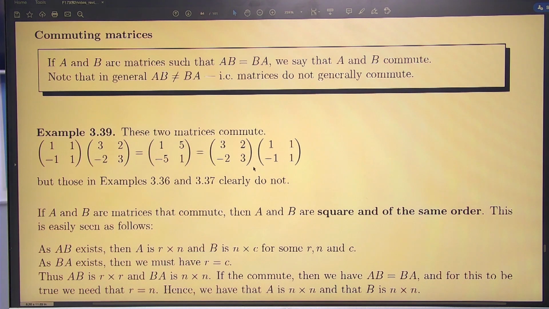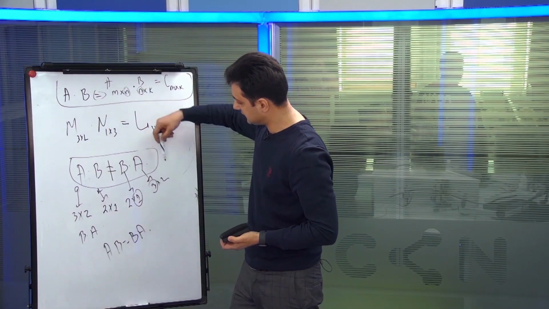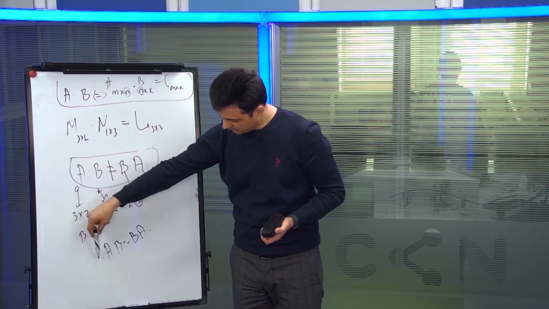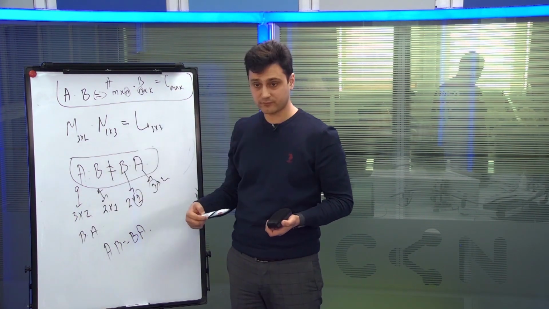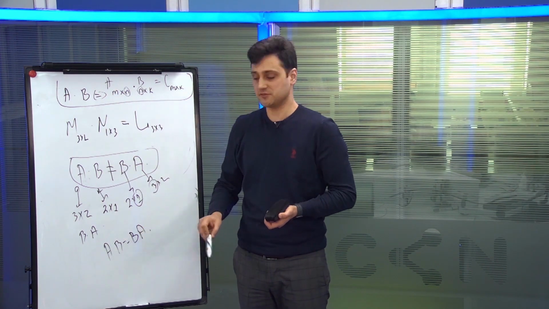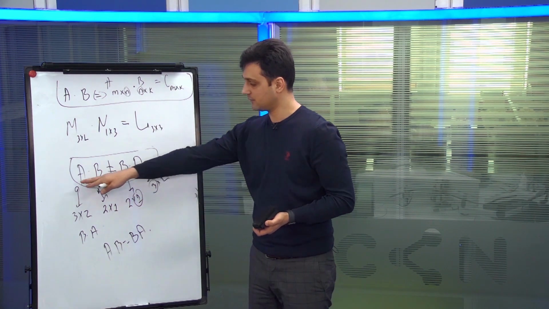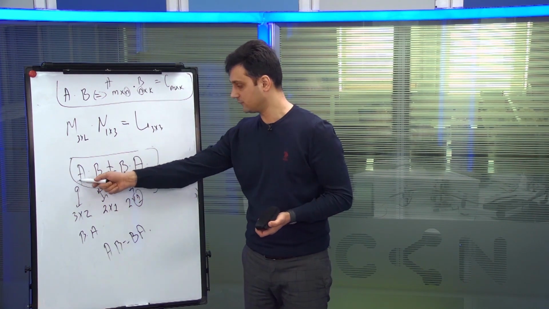But we have some cases in which AB is equal to BA. This is the general formula, but we have some special cases where we have this equality.